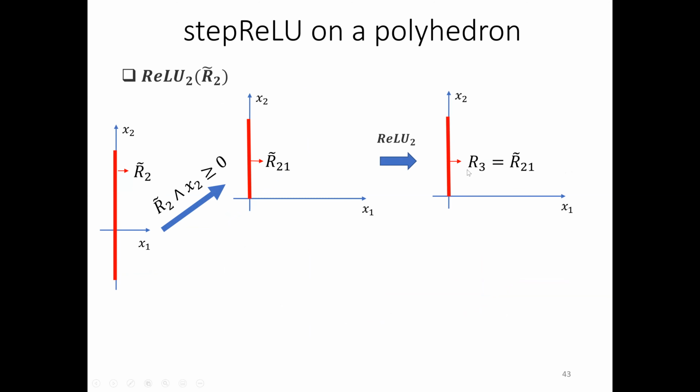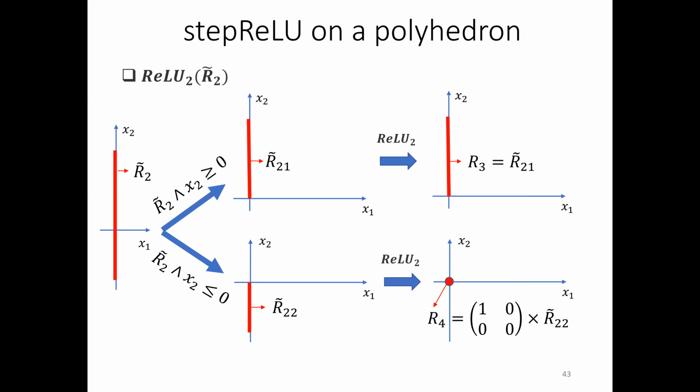In the other case, when x2 is smaller than 0, you get this set, and then when you apply the step ReLU operation on this set, you get a 0 point.